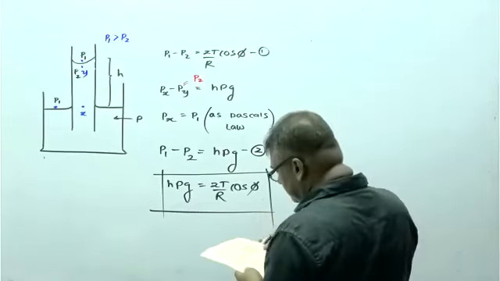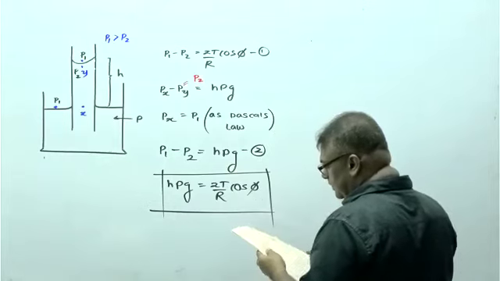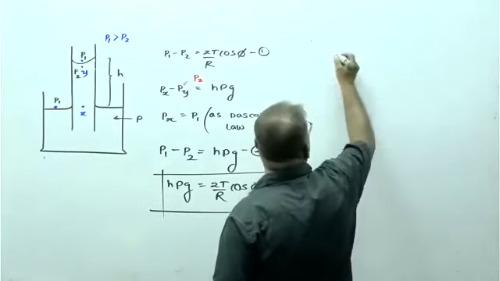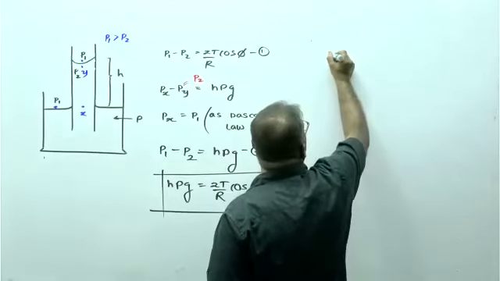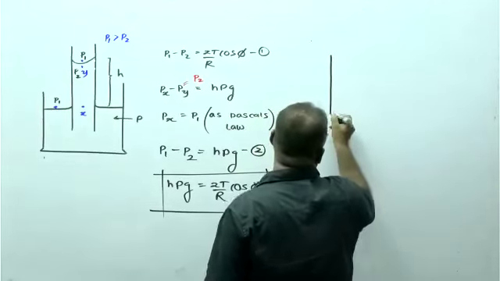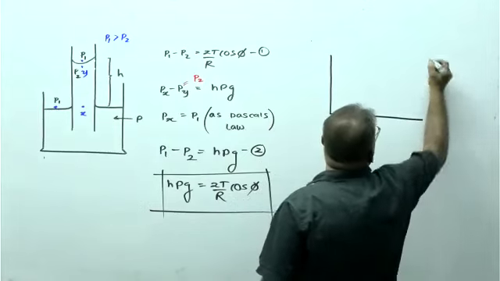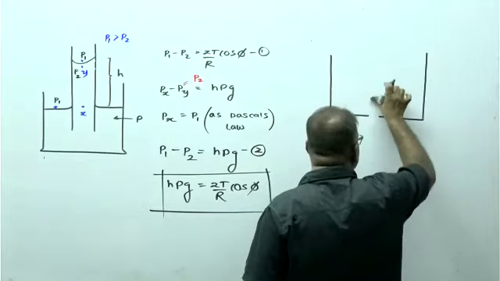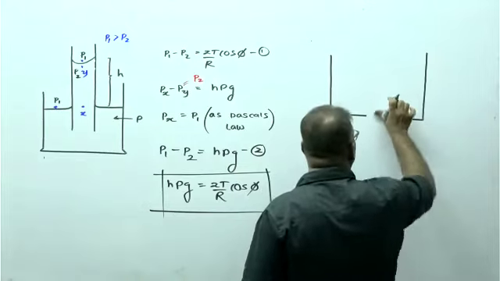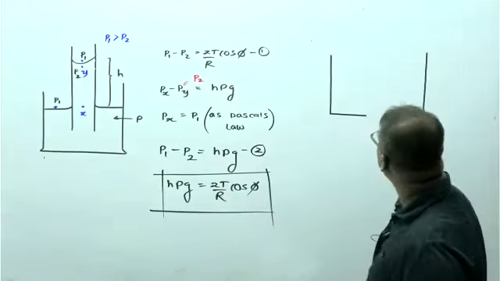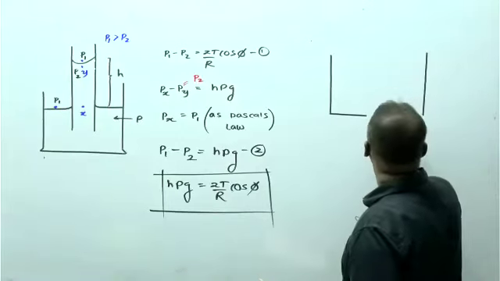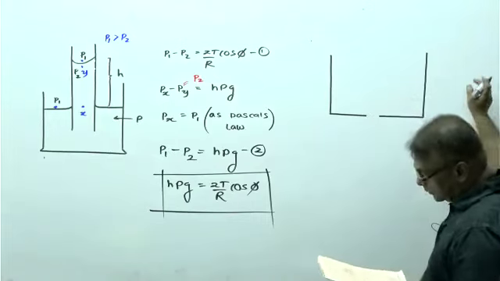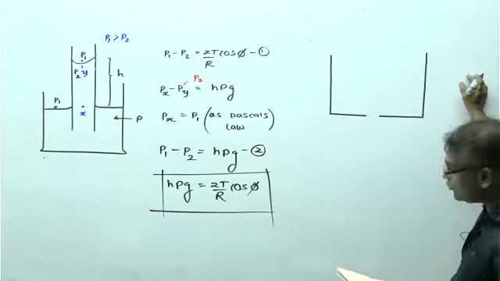A cylindrical metal vessel of height 5 centimeter has a small circular hole at the bottom, like this kind of hole, of radius 2 millimeter.